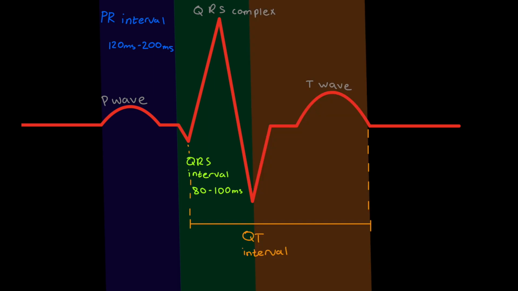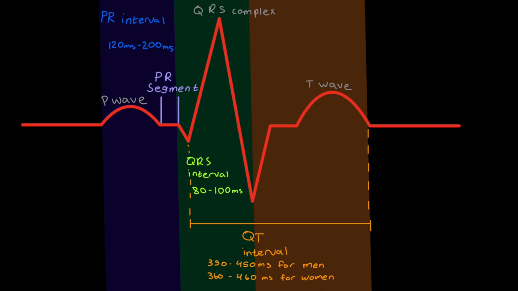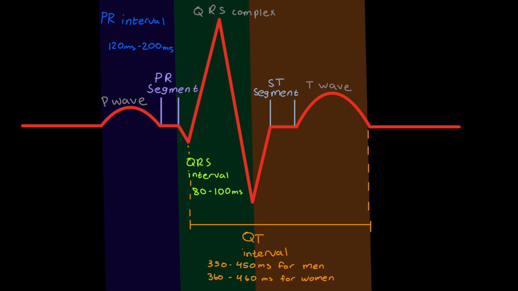Finally, we have the QT interval, which is the interval going from ventricular depolarization to repolarization, and the normal range for adult men is 350 to 450 milliseconds, and for an adult woman, it's 360 to 460 milliseconds. We also have segments on the EKG, which are just flat lines, as you can see, and these include the PR segment and the ST segment.